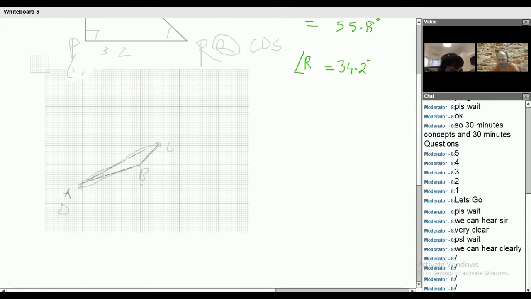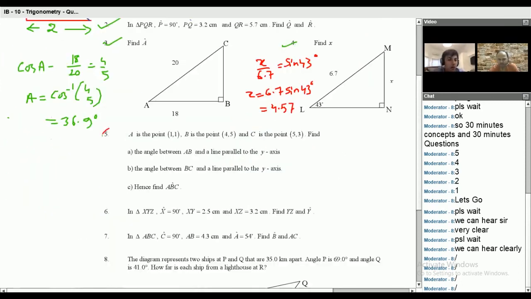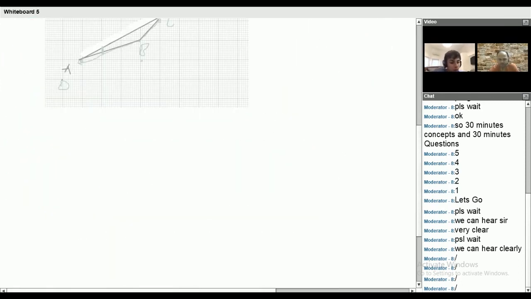Line parallel to the y-axis means we have to draw, suppose this point A, (1, 1). This is going to be the origin. These are the axes, right? This is origin, so that's what we have to remember.